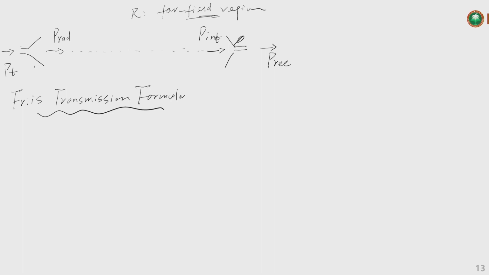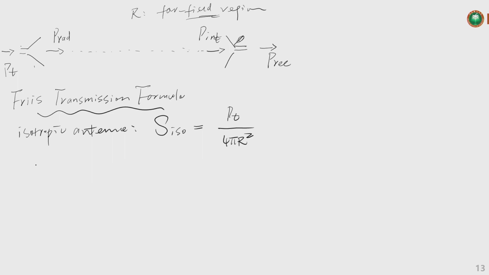Now, firstly, let's assume that our antennas are isotropic antennas. For an isotropic antenna, the power density can be expressed as the transmitted power divided by 4 pi r squared, right?